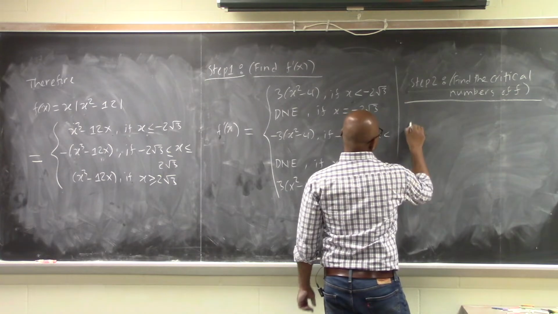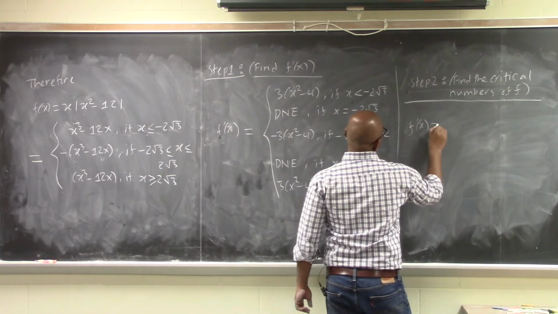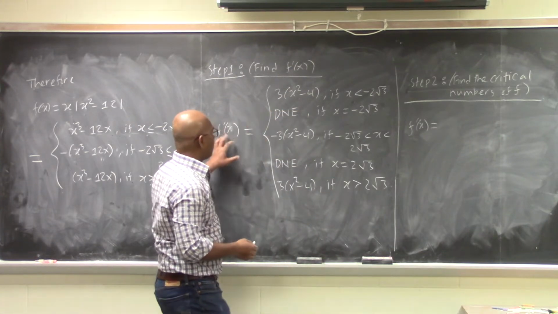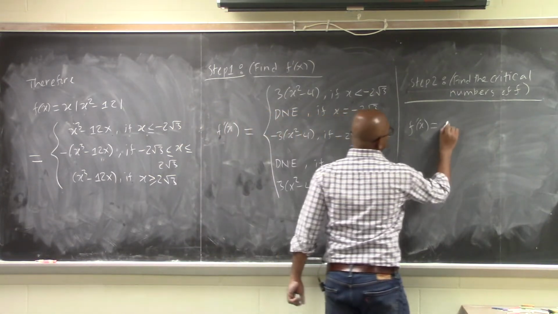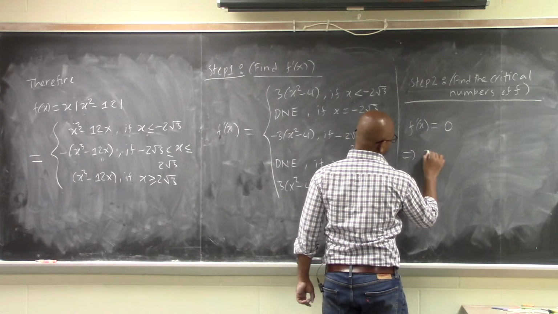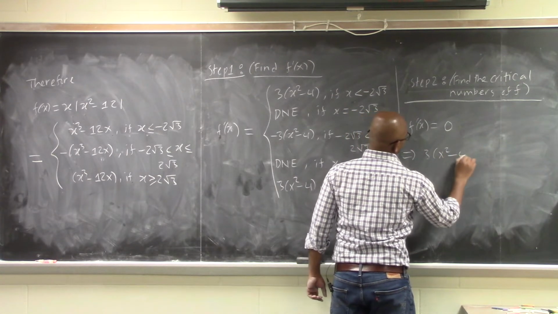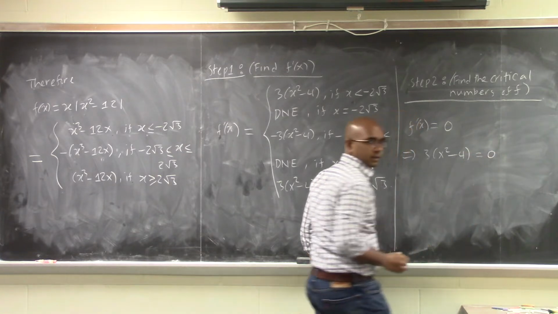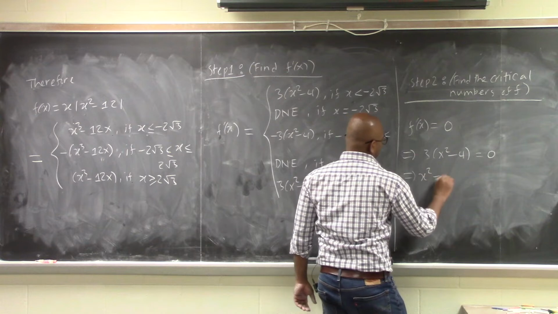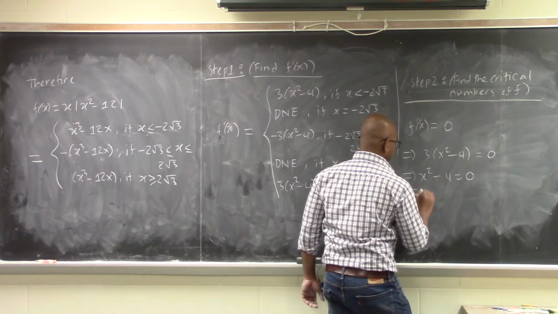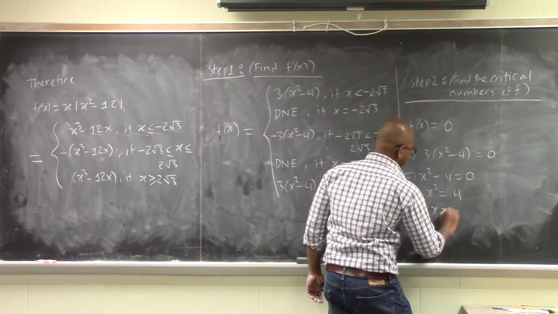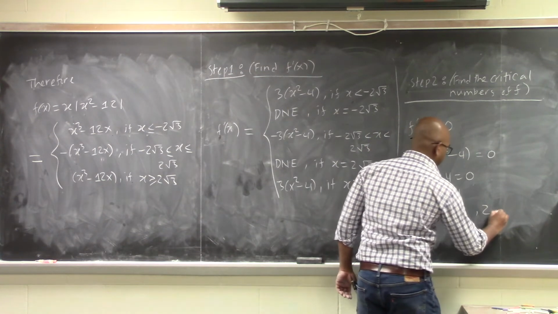Okay, so it is coming from two different things, right? One is f prime of x equals 0. So you set that equal to 0, and this guy is what? This is 0 if 3 times x squared minus 4 equals 0, right? And we can divide both sides by 3. That gives x squared minus 4 equals 0. That means x squared equals 4. That means x equals negative 2 and positive 2.